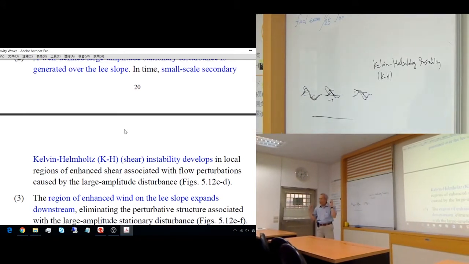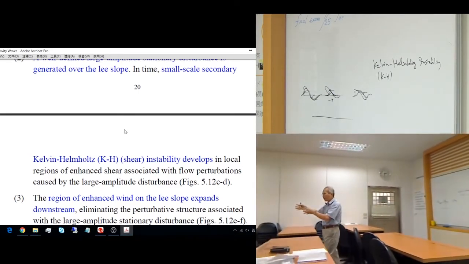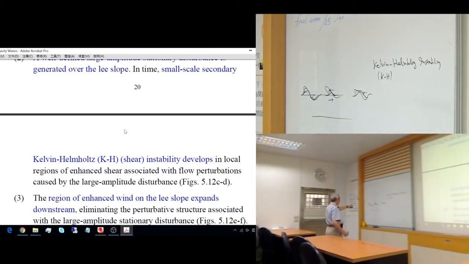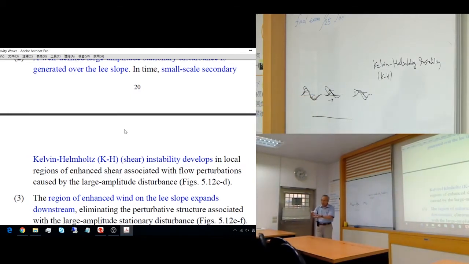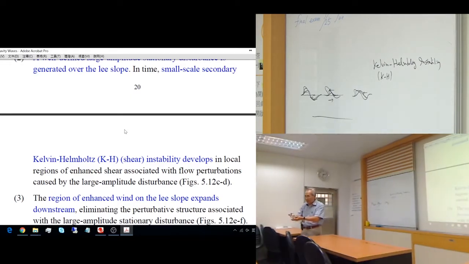When it happens in the real atmosphere or a stratified fluid, it's more complicated than in shallow water. In shallow water you don't have density difference, but in the real atmosphere or ocean we have density variation, normally decreasing with height.